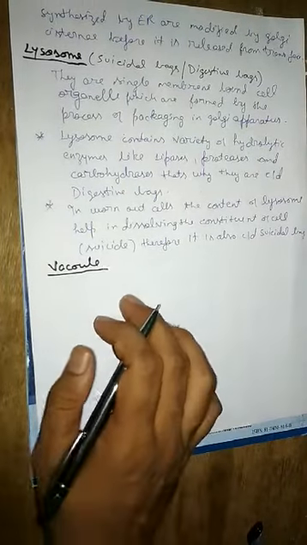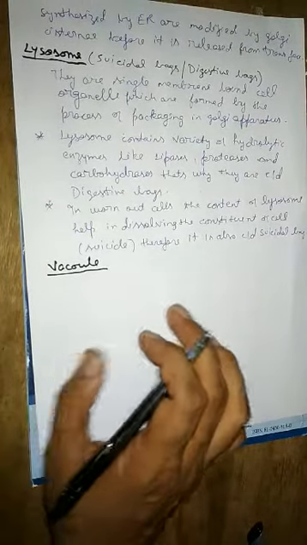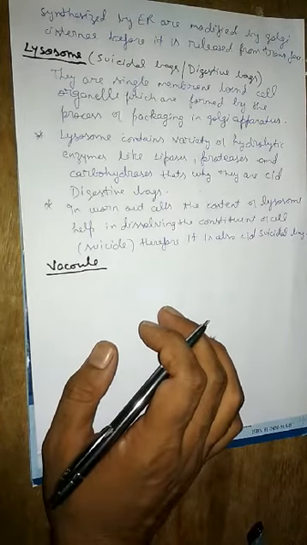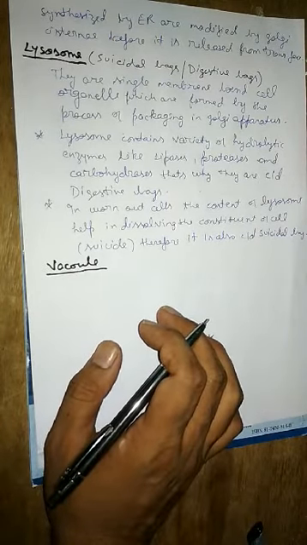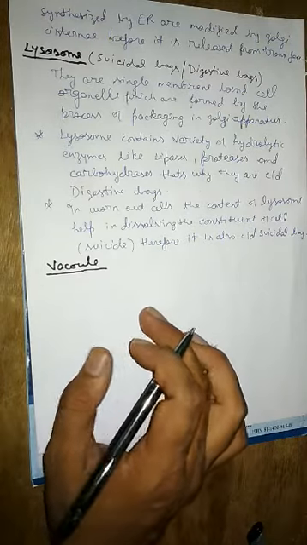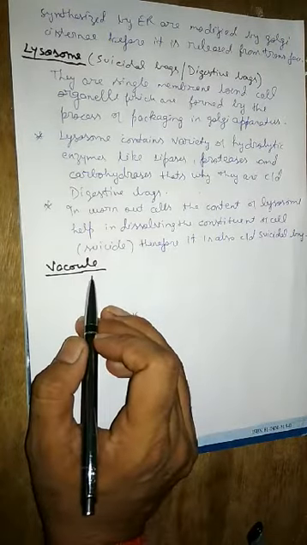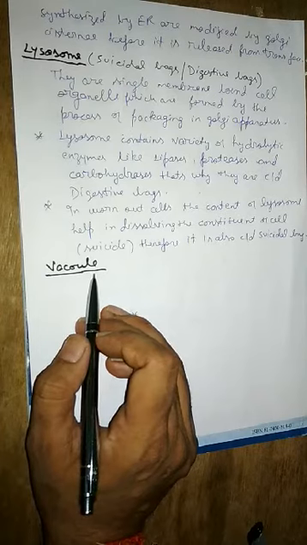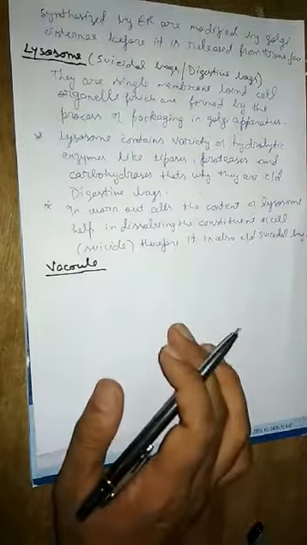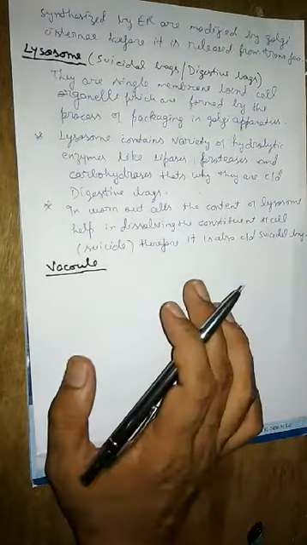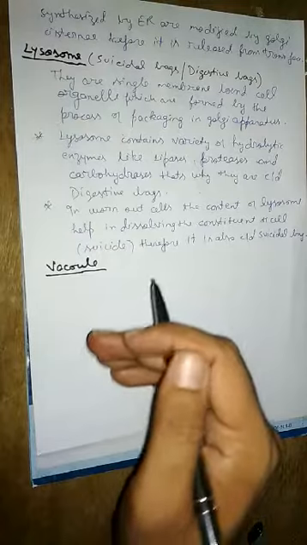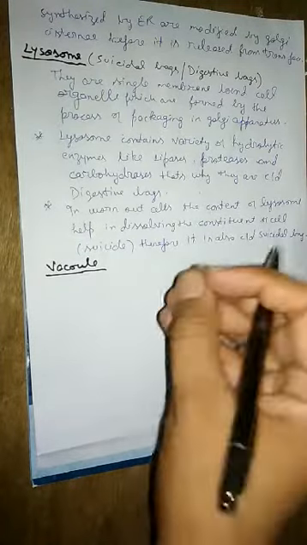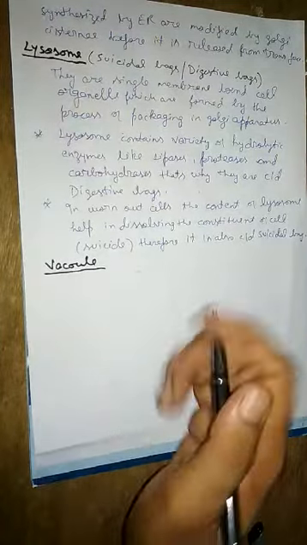Then about this vacuole you should know, it contains all the materials which are not that useful for the cell, like water, sap, and excretory waste products. Means it acts as a storage cell organelle. One very important thing you should know is that the vacuole is very big in the case of plant cell. It may occupy around 90% volume of the plant cell, but it is very small, or may even be absent, in the case of the animal cell.